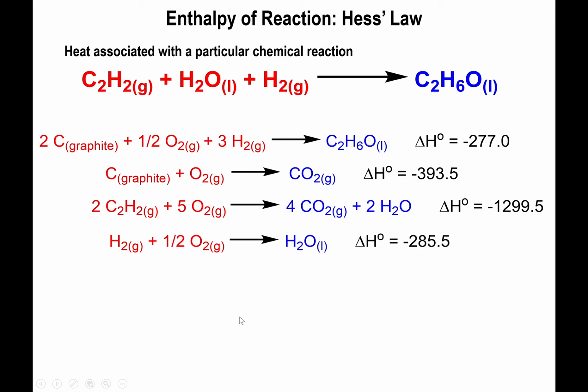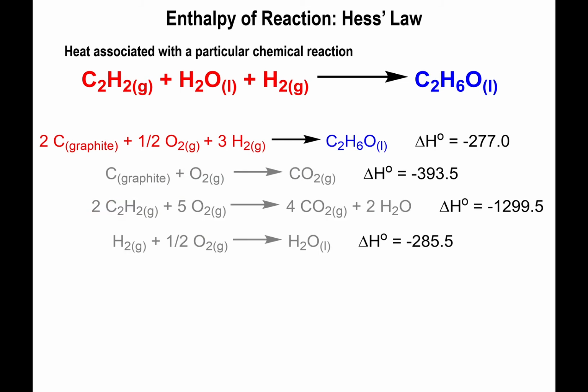In this example, we have 4 different equations, and the process is a little bit convoluted, but as I pointed out before, notice that we have C2H6O as a product in the desired equation, and the first equation in the series has C2H6O as a product. And it is the only equation, if you look carefully, that does have C2H6O.